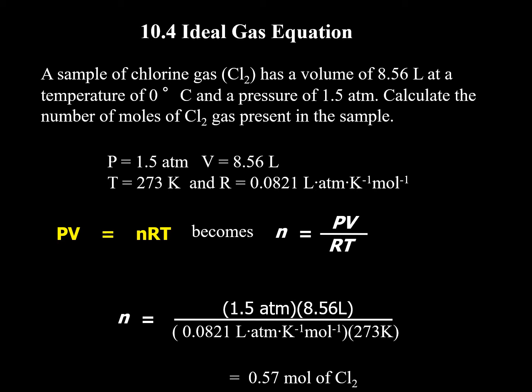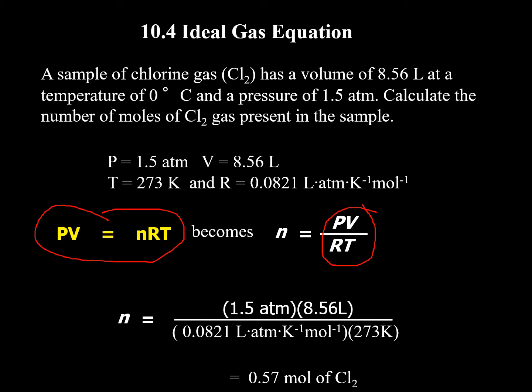We need to isolate, so we take our equation, PV equals nRT, and isolate the moles to get PV divided by RT. So we get n is equal to, we plug in the numbers, the pressure times the volume divided by the gas constant and the temperature, and then we get 0.57 moles of Cl2.